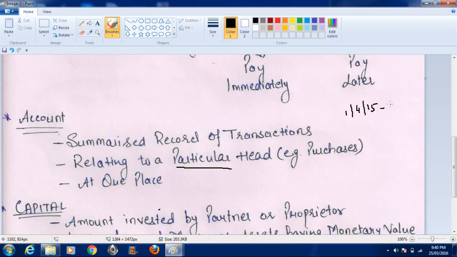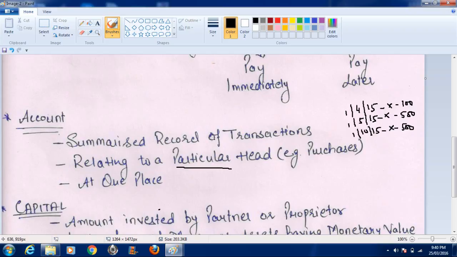I sold the goods to a person X for rupees 100. On 1/5/2015, I sold the goods to X for 500. On 1/10, again I am selling the goods to X for 500.